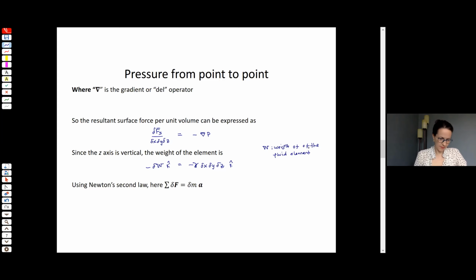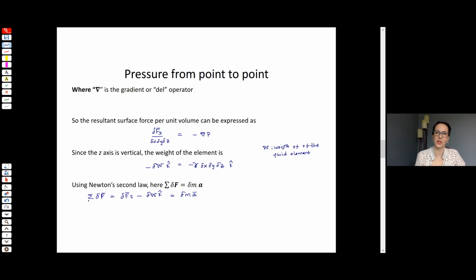We get the sum of the vector forces is equal to the surface forces and the infinitesimal weight, which is in the minus Z direction, which is equal to the mass of the element times the acceleration. Or we can write this.